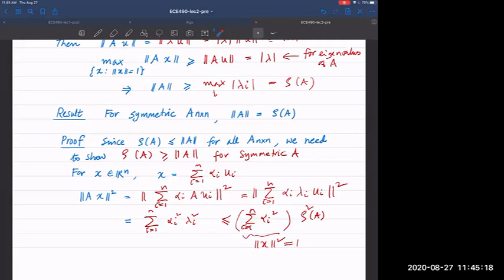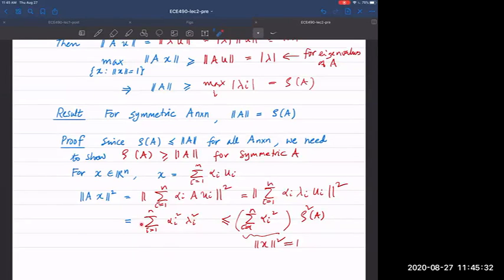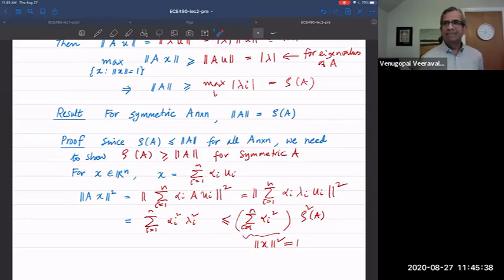But it gets summed n times. No, the summation applies to the alpha_i squared. So I just take the lambda squared outside the summation. Oh, okay, I see. Right. Thank you. Any other questions?